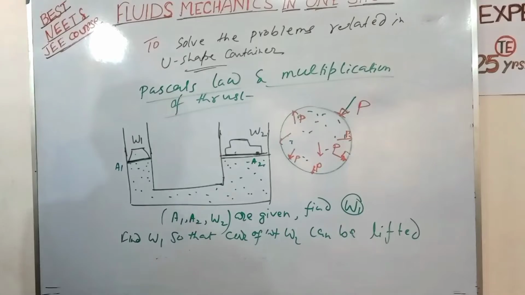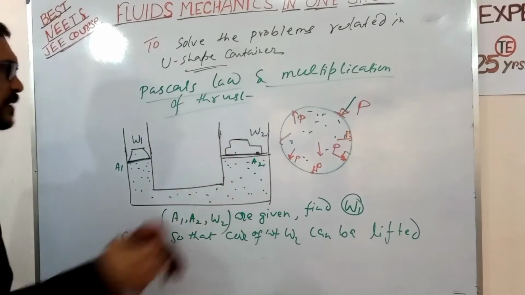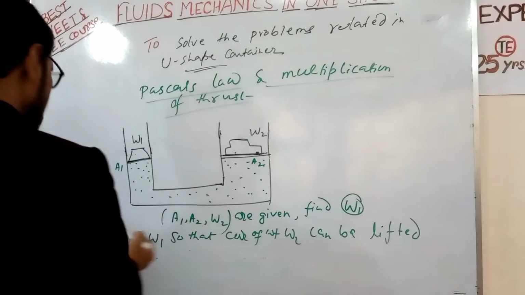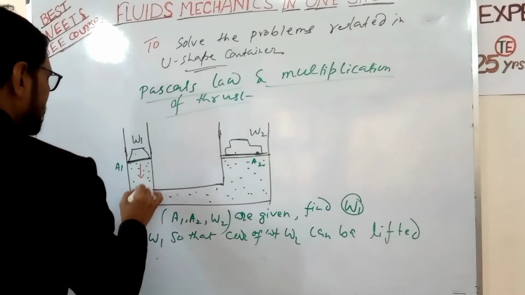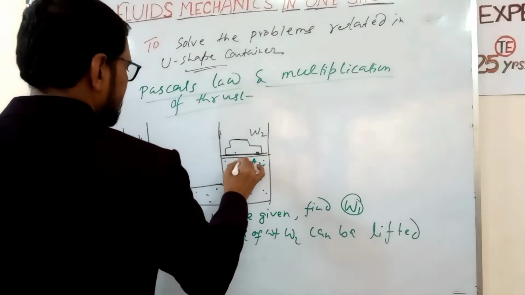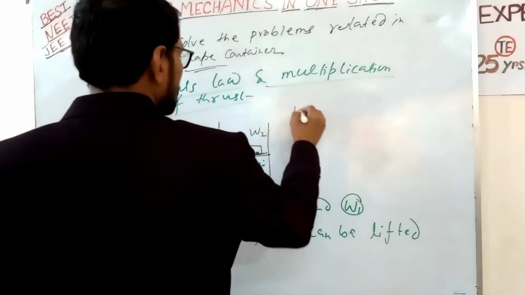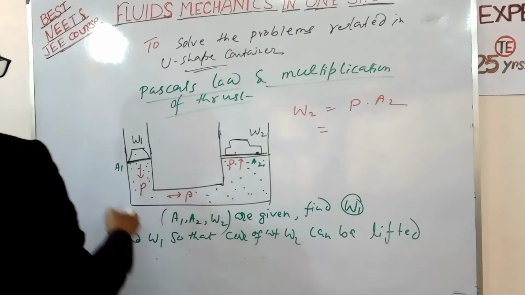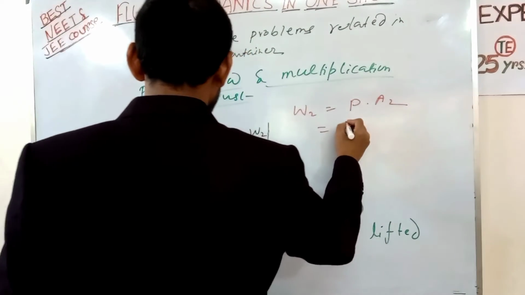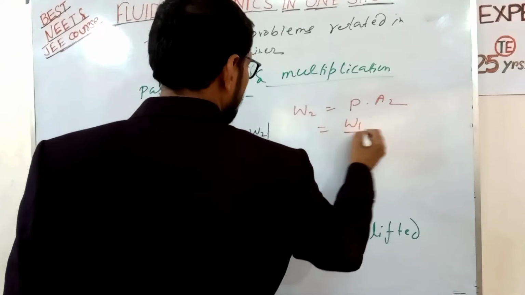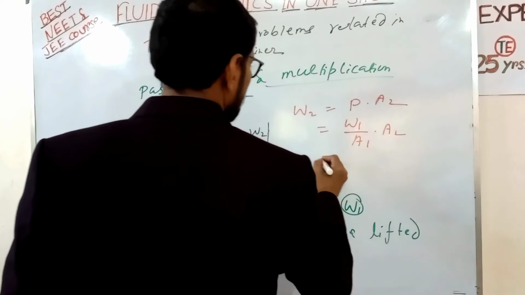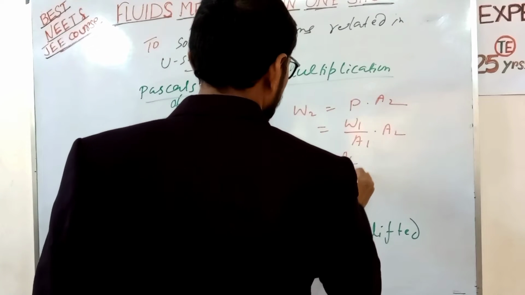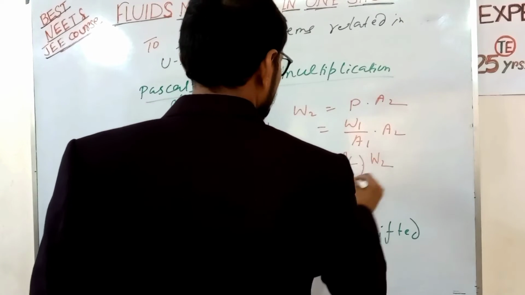This is the question. Here the pressure is P. Total force W2 equals pressure into area. Pressure we get from W1 by A1, so W1 by A1 into A2. So W1 equals A1 by A2 into W2. This is the answer.